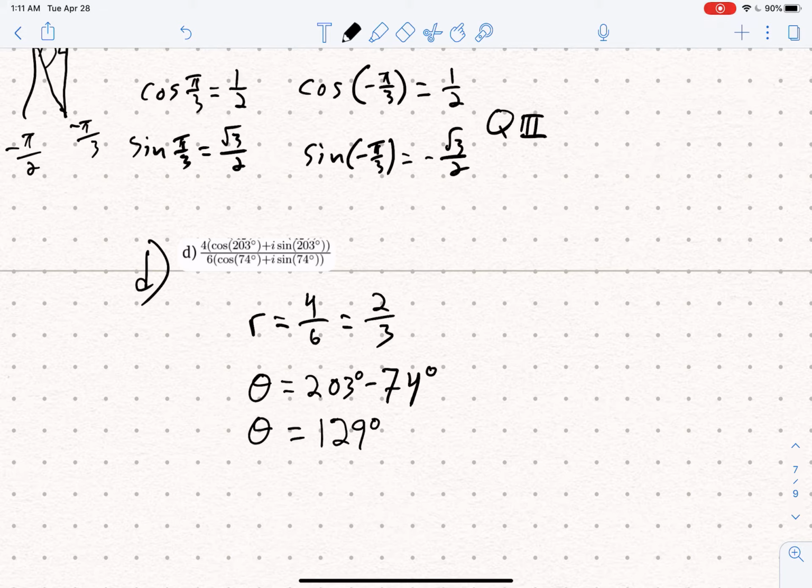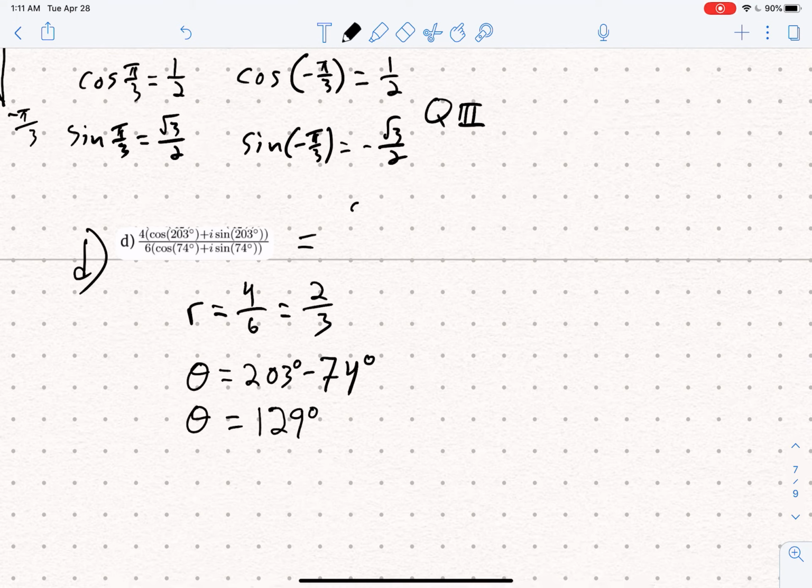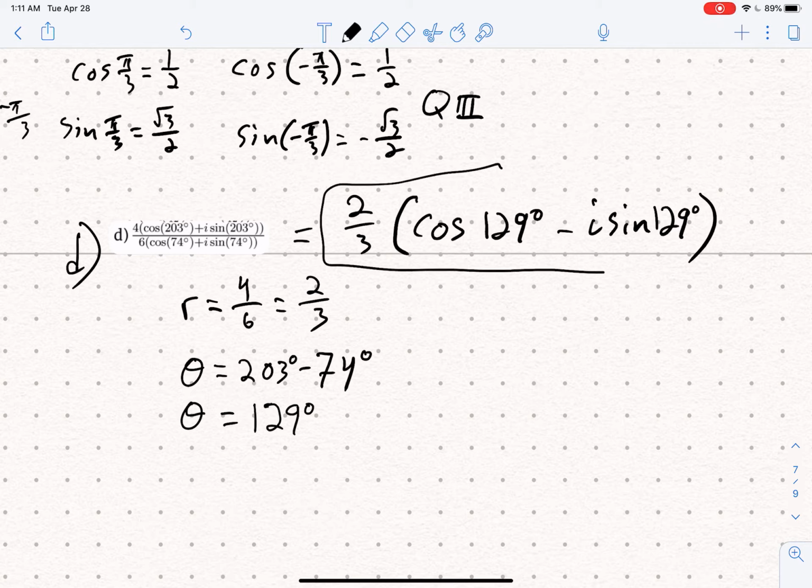So our modulus is 2/3, and our angle is 129 degrees. Let's go ahead and write this in polar form. In polar form, this is 2/3 times cosine 129 degrees plus i times sine of 129 degrees. So this is our answer in polar form.